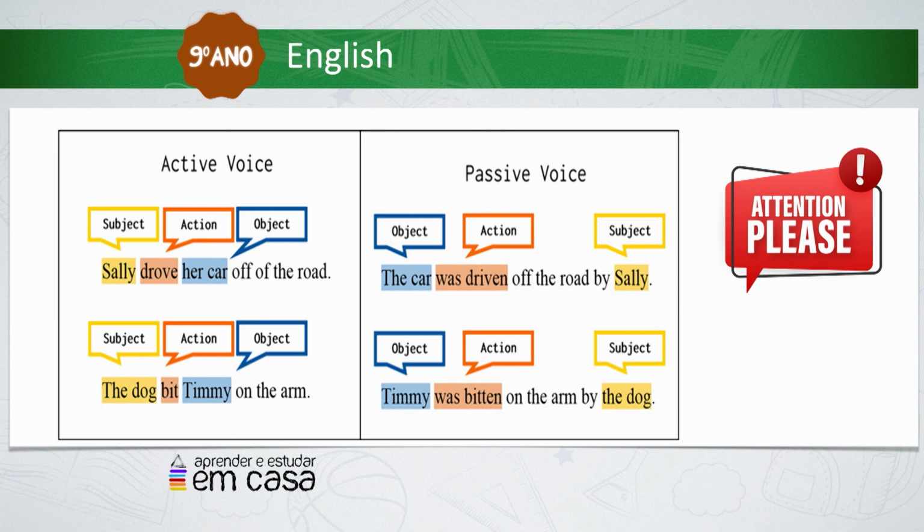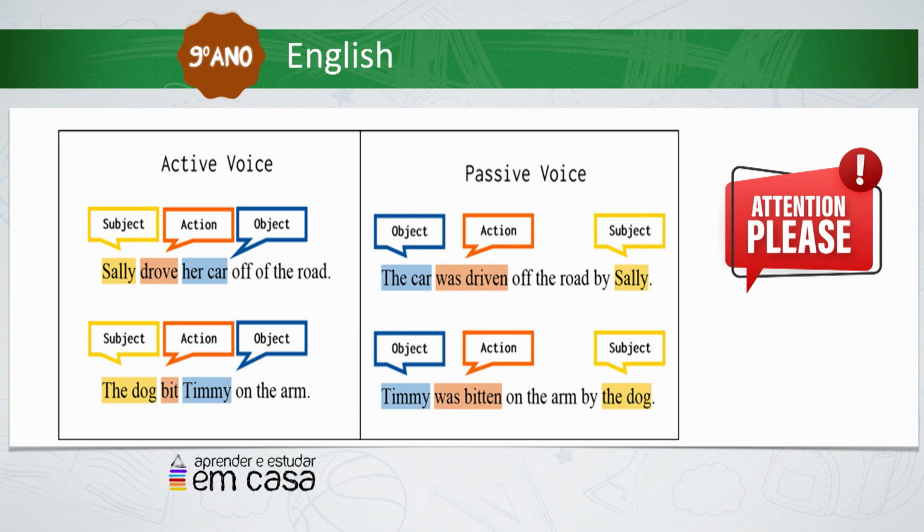Let's see what happened. Now, the car is the object, was driven is the action or the verb, and we changed the verb. Now, we have the verb to be in the past, was, and we have driven, which is the past participle, remember that, off the road by Sally. Now, Sally is the subject, and now she is at the end of the sentence in the passive voice.